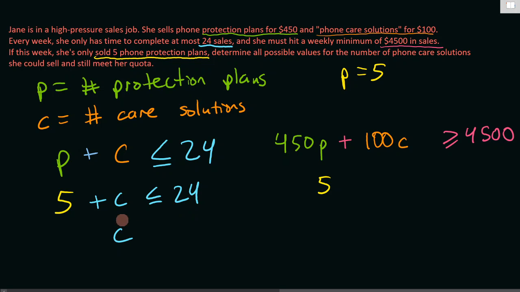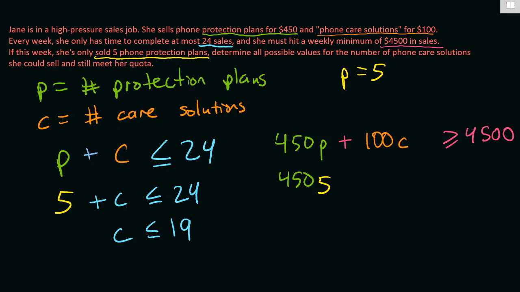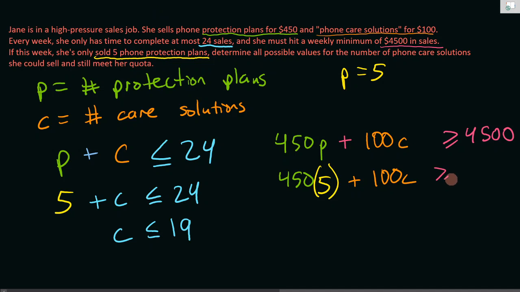Then C, when you subtract 5, is less than or equal to 19. Okay, cool. Not so bad. On this side, we've got 450 times that 5 plus 100C is greater than or equal to 4,500.